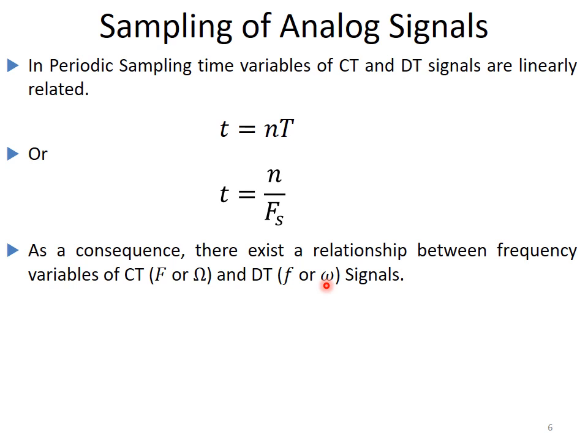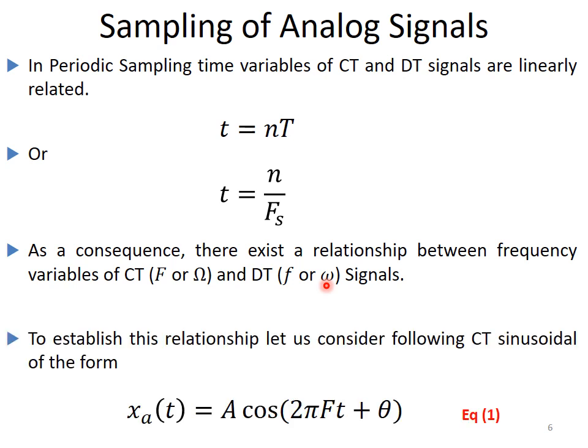Now, in order to establish the relationship between the discrete time and continuous time frequency variables, let us consider a continuous time sinusoidal waveform as shown in this equation 1, where A is the amplitude and capital F is the cyclic frequency of this.